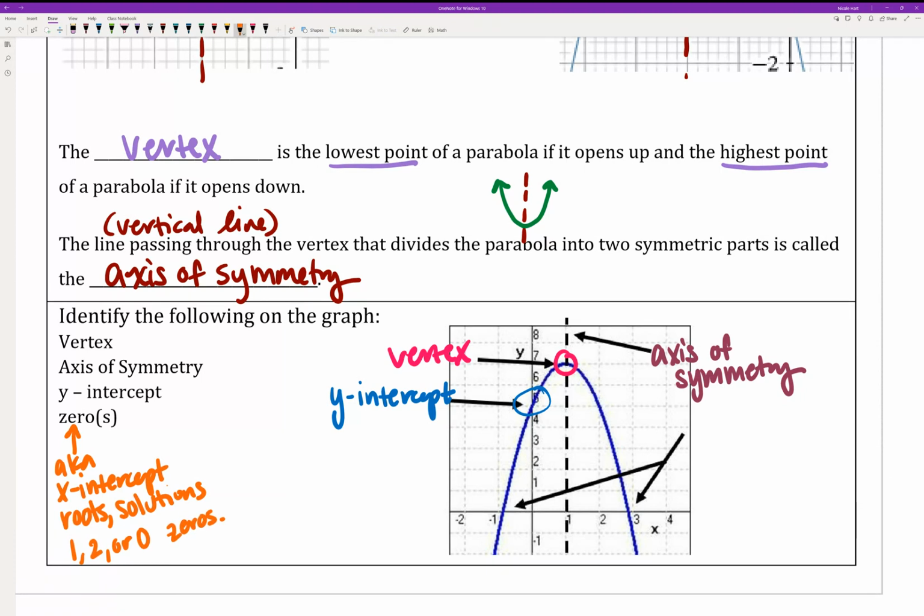So if I look at this graph, I have two spots where we are crossing the x-axis, so I have 2 zeros or 2 solutions. And again, these are all referring to the same spot. So zeros, roots, solutions, x-intercepts are all referring to that same spot.